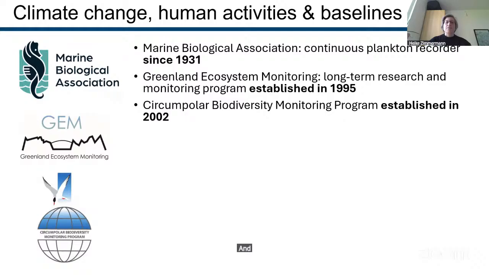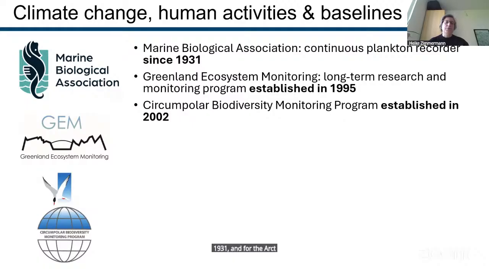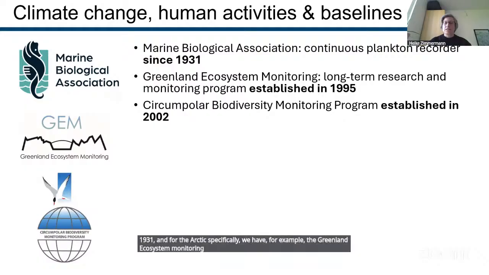Monitoring programs are very important in generating those reference conditions. And one of the oldest programs was from the Marine Biological Association that was established in 1931. And for the Arctic specifically, we have, for example, the Greenland Ecosystem Monitoring, established in 1995, or the Circumpolar Biodiversity Monitoring Program from the Arctic Council, established in 2002.